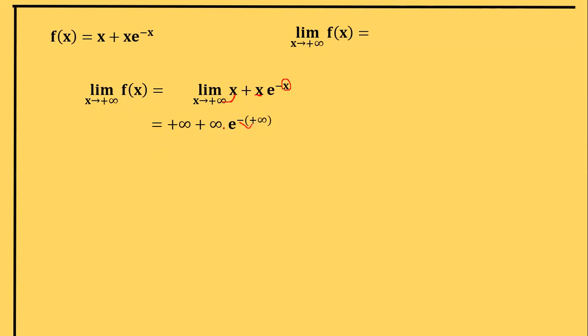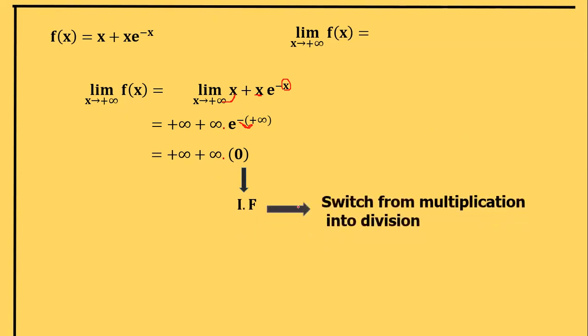Minus multiplied by plus gives minus. E to the power minus infinity is equal to 0. Pay attention. Infinity multiplied by 0. It is a case of indeterminate form in which I have to switch from multiplication into division.